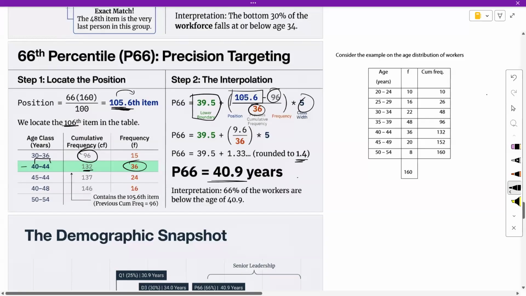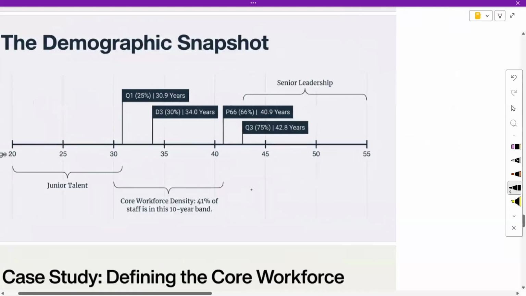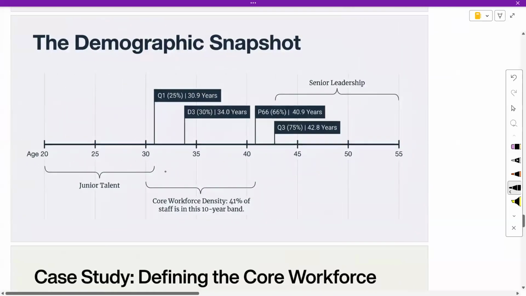Okay, right? So you're getting the correct answer. And this is the logic behind this. Here we have calculated all these things. Here this is Q1, which is 30.9, and Q2 is the median, 37.8 or something, and Q3 here is 42.8, and the D30, everything we have calculated.